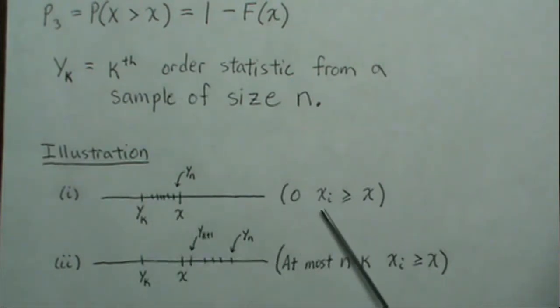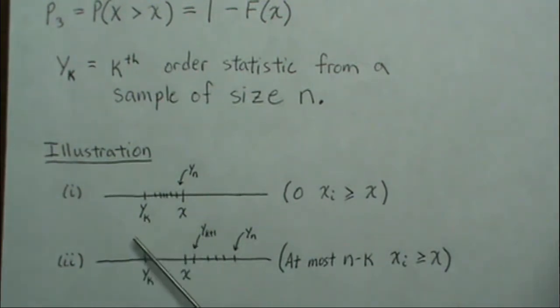As an extreme case, we can have all the larger order statistics, the k plus 1, k plus 2, etc., all the way to Yn, all of these can be less than x. That seems trivial, but that's a possibility.